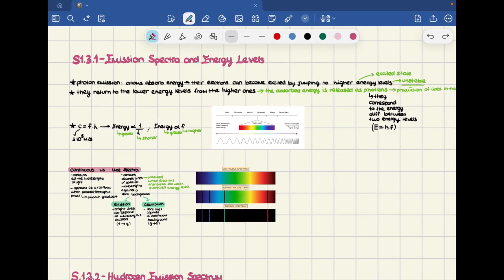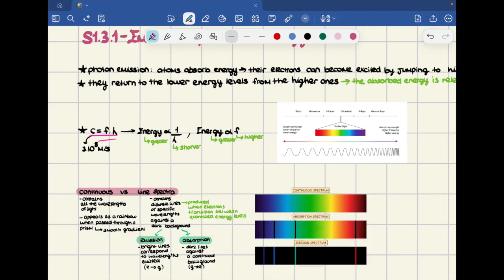Okay, and there is another equation, also given in the formula booklet, and it can help us with understanding the relationships between energy, frequency, and wavelength of the light.